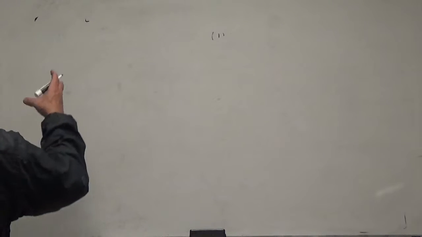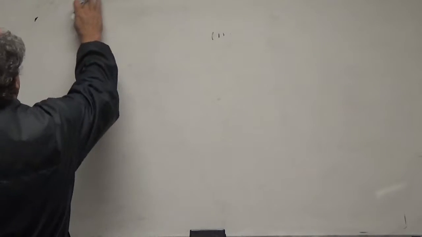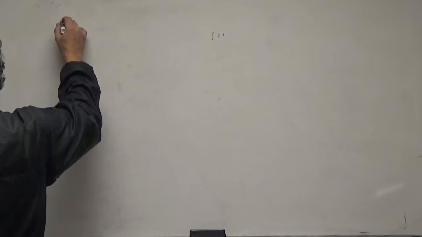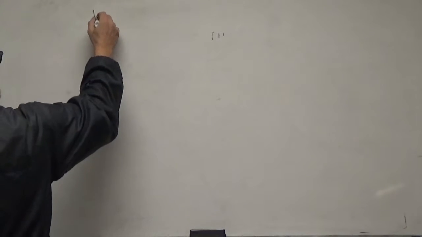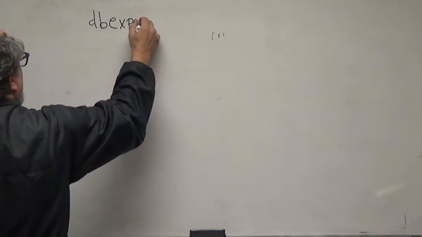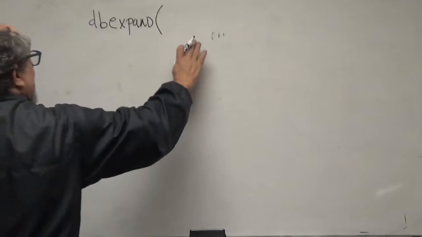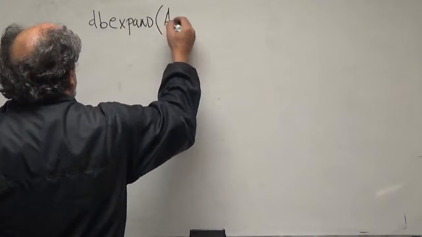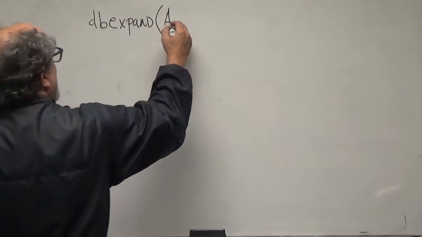Okay, so I am going to write here the 3 lines that I used in the function that I wrote. My MATLAB function is called db expand. Now you can do it with discrete or with continuous.